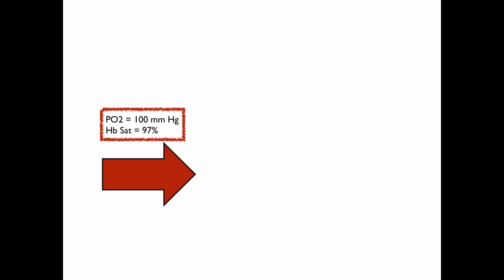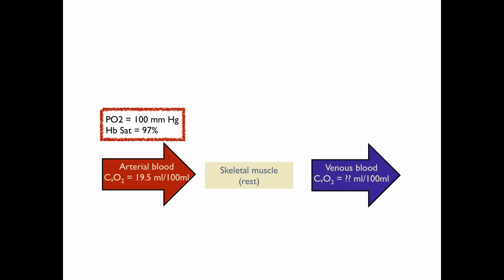So at a PO2 of 100, hemoglobin saturation of 97%, the systemic arterial blood contains about 19.5 mL of oxygen per 100 mL of blood. And it's delivering that to the tissues of the body. So for example, it would be delivering approximately that amount of oxygen to the muscle. Now the question is, how much does the muscle take out?